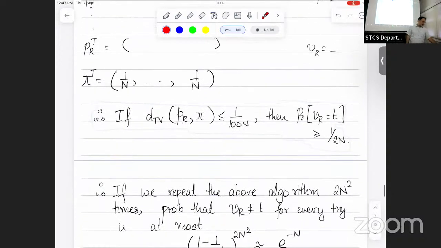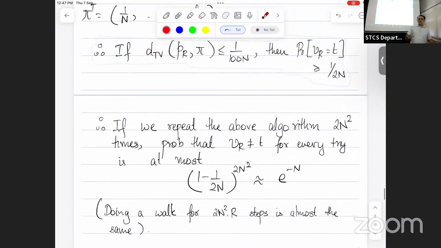And this is very similar to just saying, I'm going to run a random walk for 2n squared R steps, rather than saying that I will run it for R steps, abort and start again, abort, start again. You can do the same analysis. So you can just imagine that at this point I'm at some vertex. It's not equal to T, but doesn't matter. Let's imagine starting the random walk from here onwards.